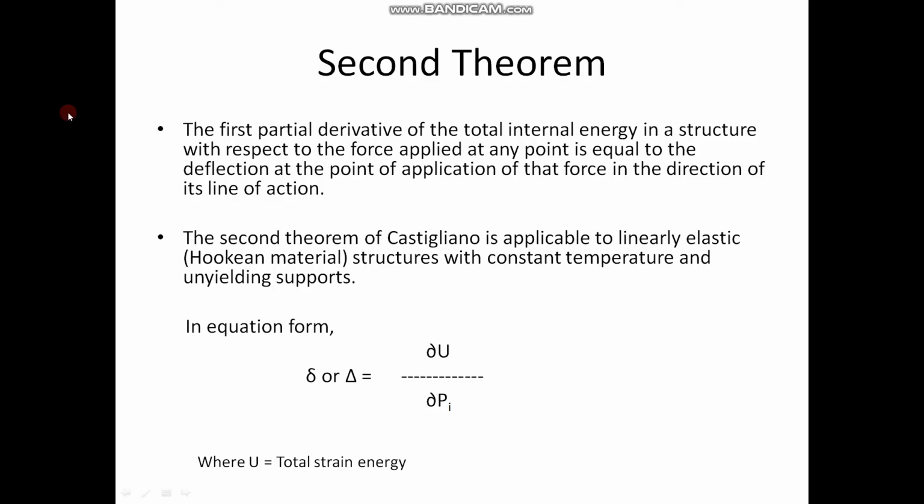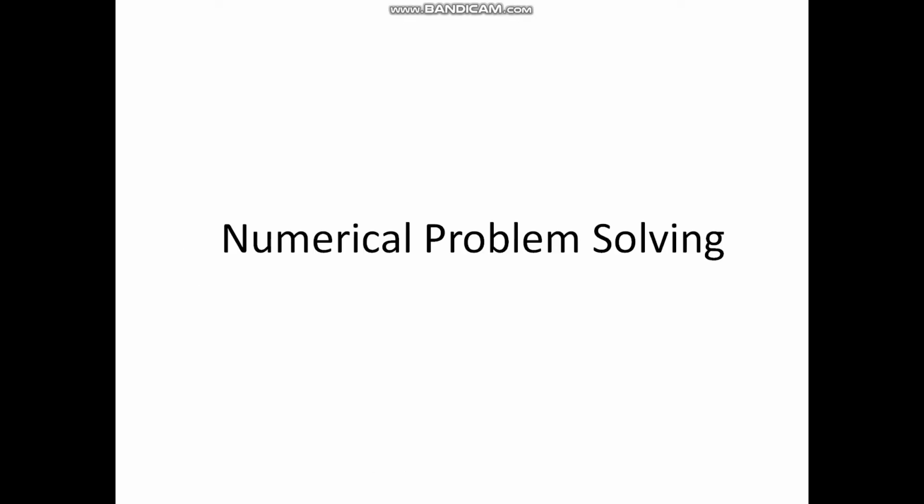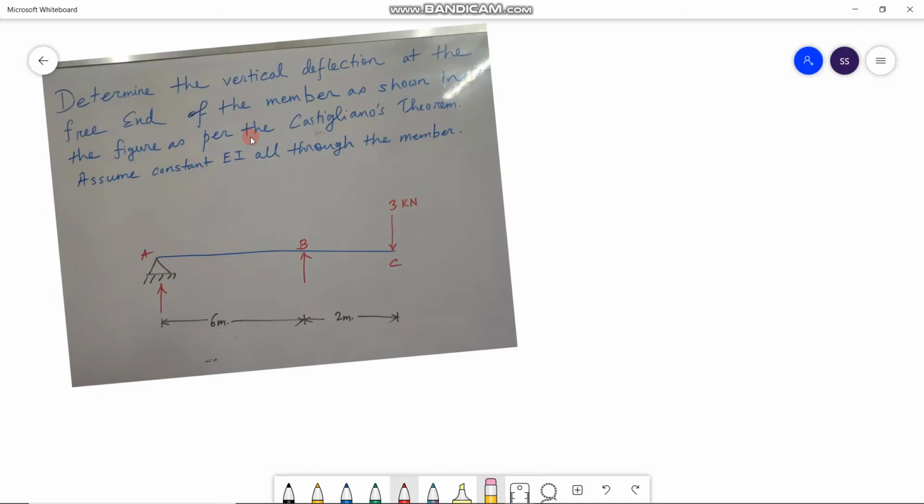So in this lecture we have studied Castigliano's theorems, but in order to better understand this, we need to do some numerical problem solving. So let us do a numerical problem. Here in this problem we have to determine the vertical deflection at the free end of the member.